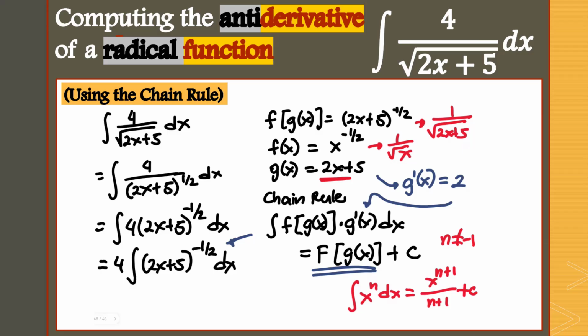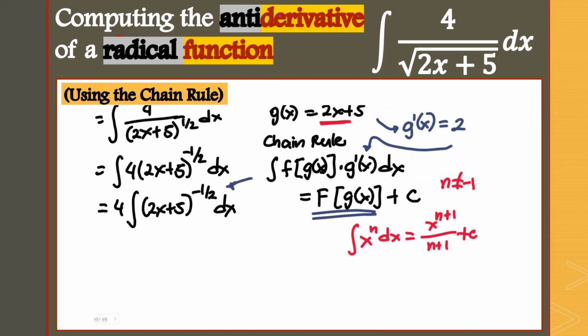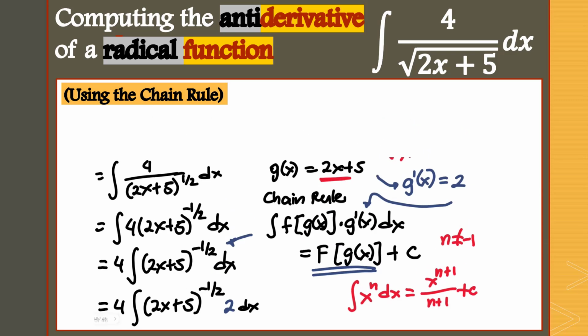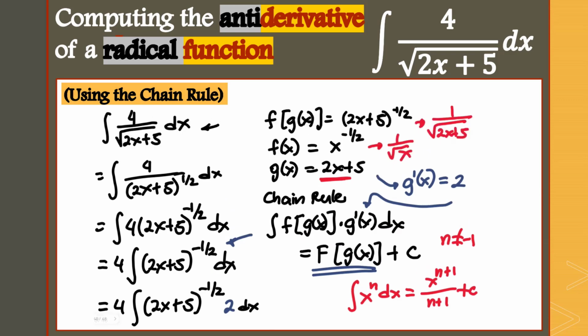So with that, let me move down here, and as mentioned, multiply the innermost function with 2 as g prime of x is needed for us to use chain rule. 4 times the integral of 2x plus 5 to the power of negative 1/2, then you will have here your 2 before your dx. Take note that when you multiply it with 2, it's no longer the same as this one here because we don't have any factor 2 here aside from 4, which is already taken out as a constant multiple.